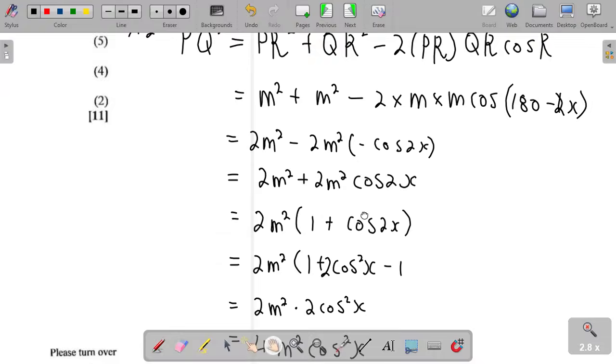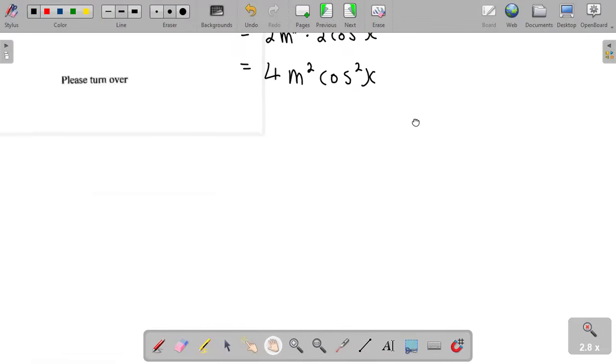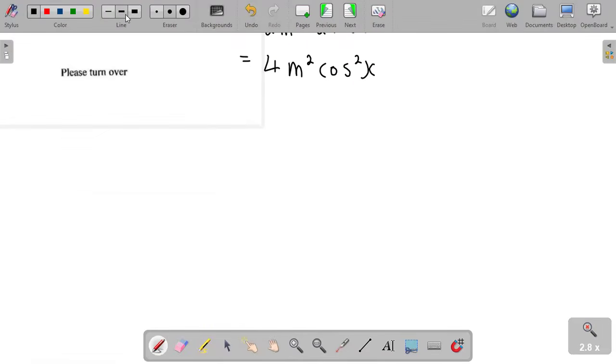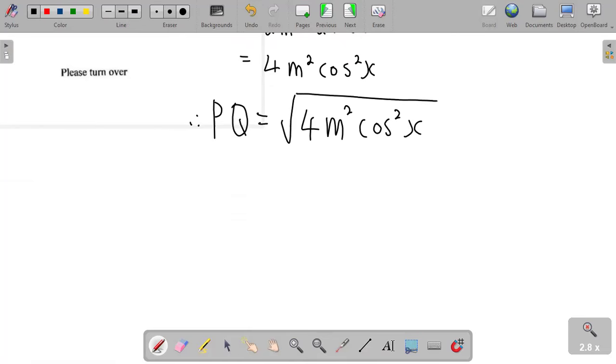Therefore PQ will be equal to the square root of 4M squared cos squared x, which is equal to 2M cos x.